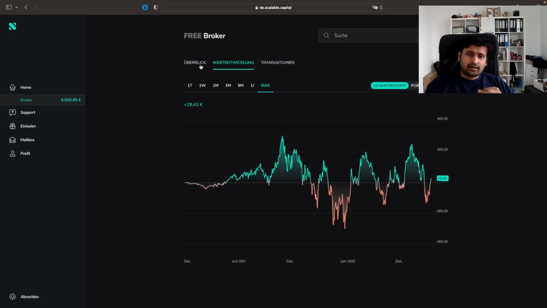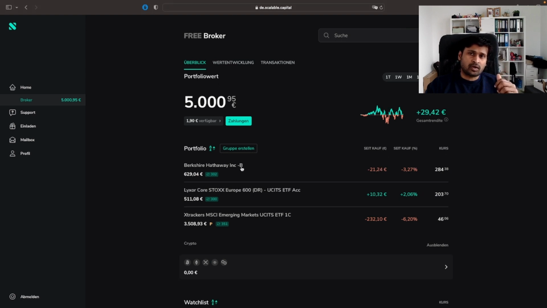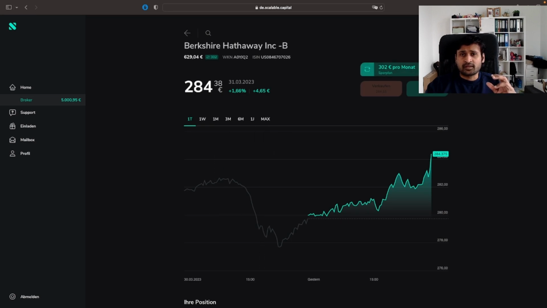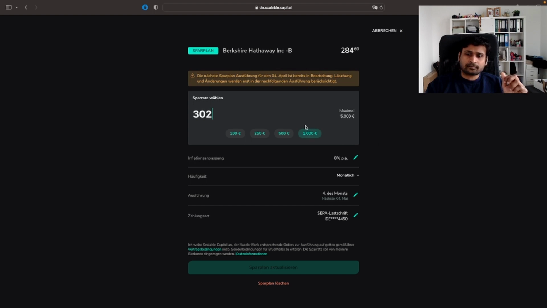And what I have done here is that I have tried to compensate for the high inflation environment that we are currently seeing in the euro area, with the help of a tool that is available within Scalable Capital. If you go here and set up your savings plan, you will see the inflation adjustment. Here I have set it to 8% per annum, because when I started this savings plan, the inflation was around 8%.